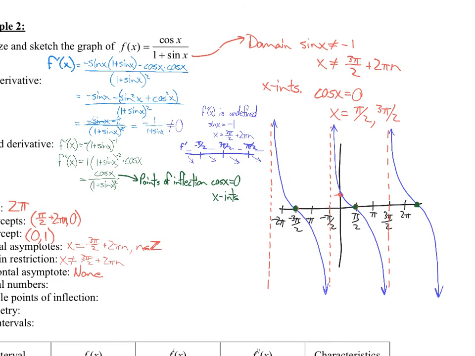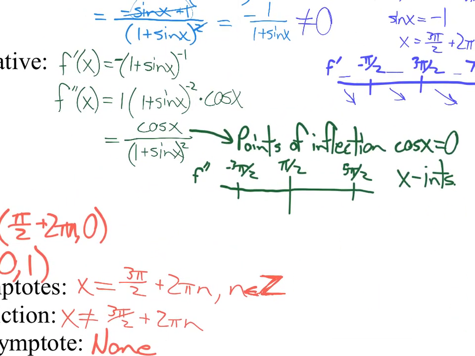To double check that, we can actually do a sine diagram. Here's our pi over 2, negative 3 pi over 2. We had a 5 pi over 2. Our second derivative, if I plug in, say, a 0, I'll get a 1 over 1 squared, so that's a positive.